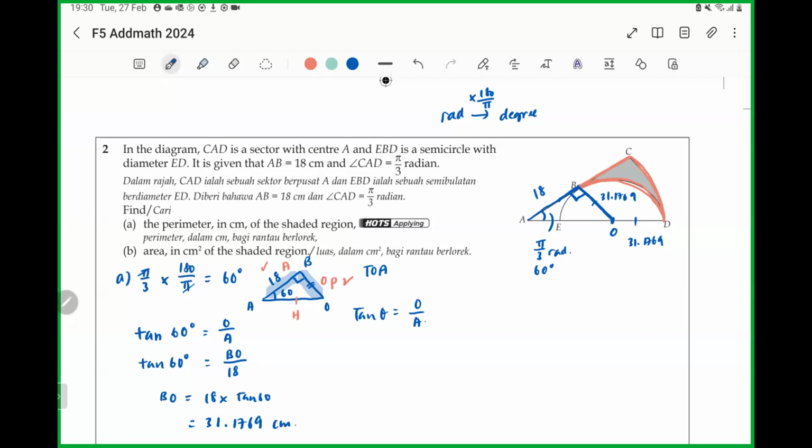Okay. Now if you have 60 degree here, actually this part will be 30 degree, right? And then over here will be 150 degree, right?